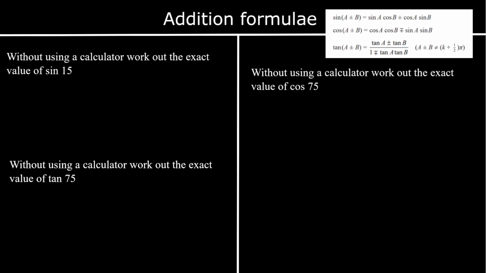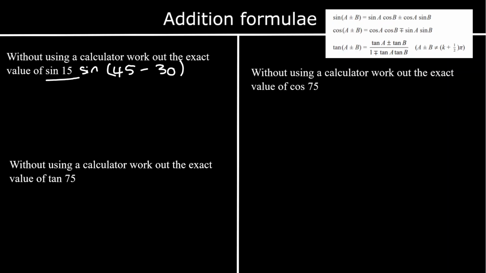Another one: without using a calculator, work out the exact value of sine 15. So to get sine 15, we can do 45 take away 30. And we know sine 45 and sine 30.